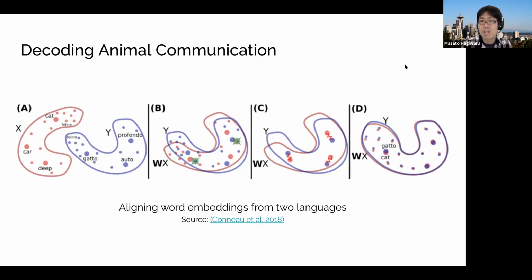That way, if you look at the final plot, the point for cat and the point for gatto are very close to each other. So we can actually see, oh, maybe this is the Italian translation of cat. So word embeddings are the building block for all sorts of natural language tasks and also decoding unknown languages.